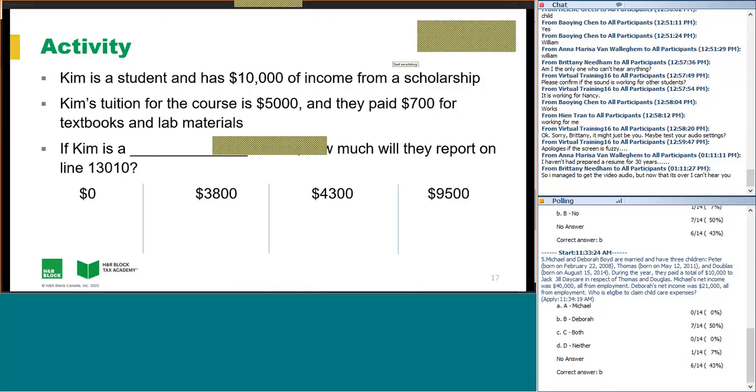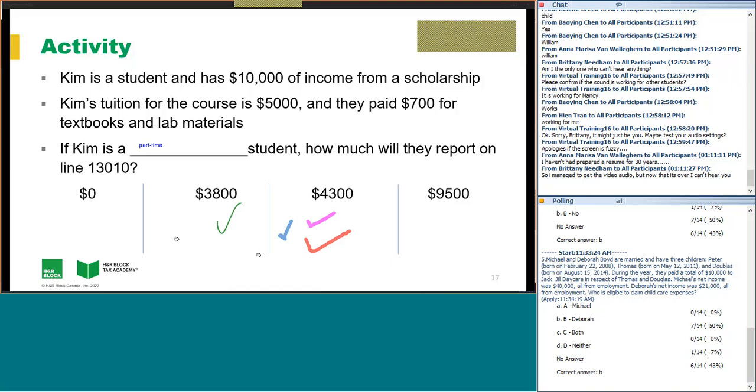Good, let's try another one. I'm going to do, they are a part-time student. Okay, if we have a part-time student, how much will be taxable? Be careful. How much can they deduct from their income? You can deduct tuition, you can deduct books, and the base exempt amount, which is $500.